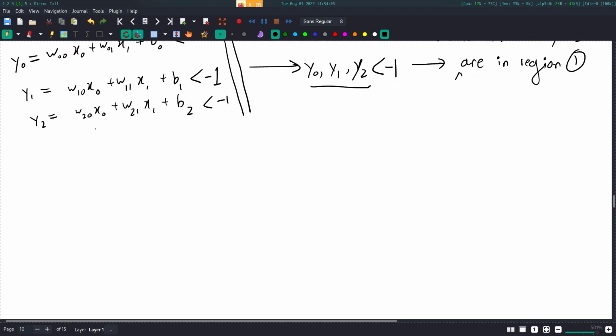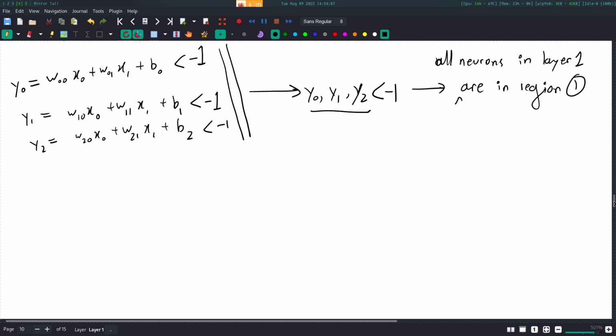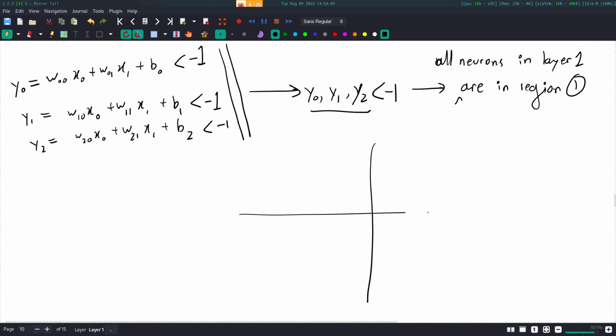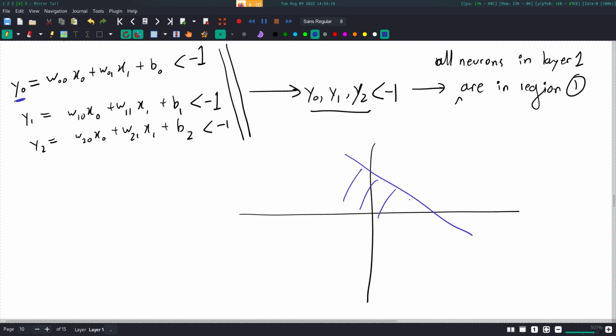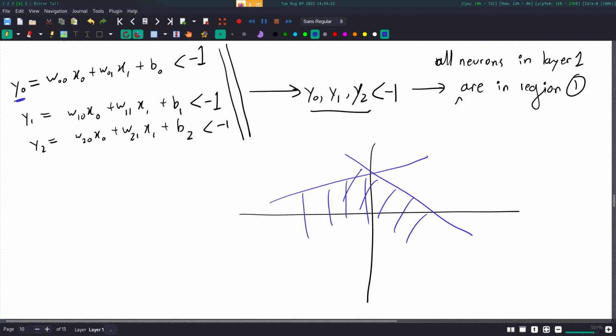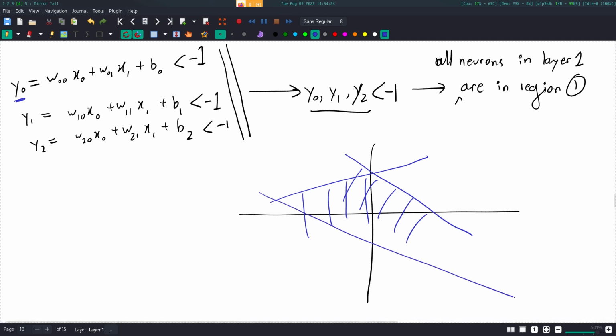And then if you were to actually plot this particular condition, it is going to look something like this, right? So maybe this is the first line, and then the second line ends up looking like this, and then maybe the third line ends up looking like this, right?